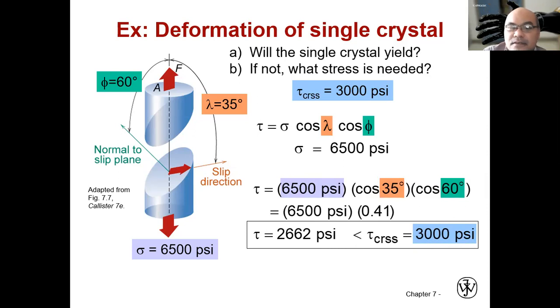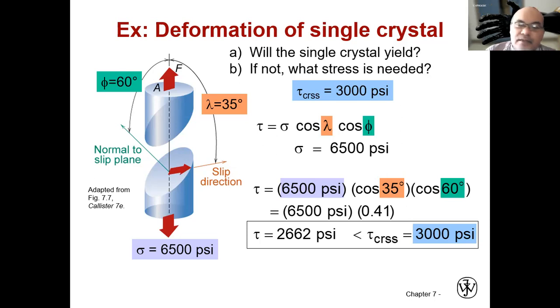Tau, the resolved shear stress, equals 2,662 psi. And this value is still lower than the critical resolved shear stress, which is 3,000 psi. So it means the crystal does not deform, does not yield.